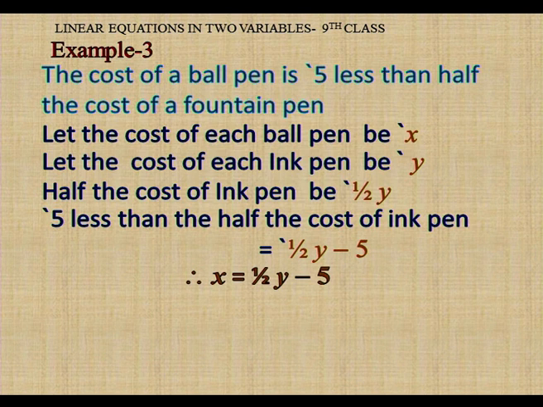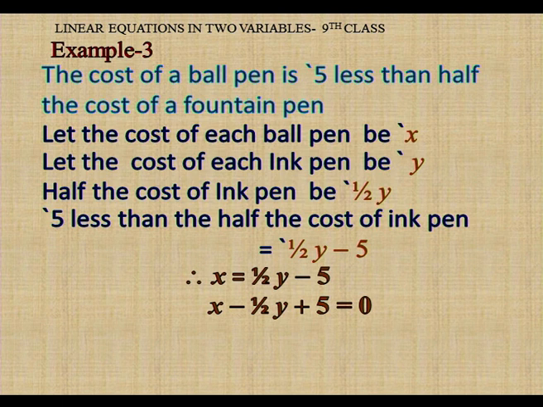Now, bring everything from the right hand side to the left hand side. You will get an equation like this: x minus half y plus 5 is equal to 0. Everything that is on the right side, we are bringing to the left side and making it equal to 0, so that we can show it as an equation.